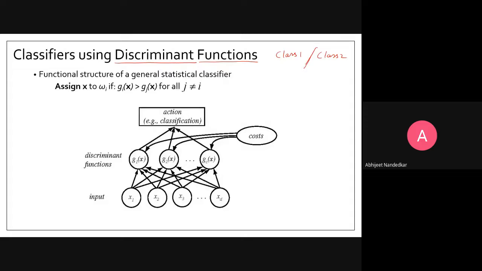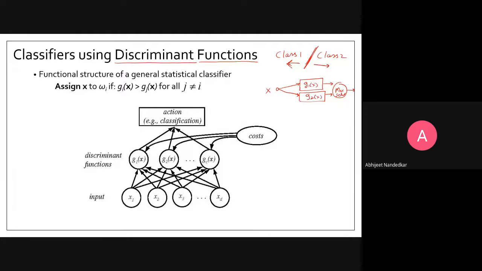So this decision boundary which separates two classes is called a discriminant line or discriminant function. I want a system like this: suppose this is my input x and this is a function. Let us call this g1x, and let us call this second function g2x. They produce their own outputs, and this is given to a max selector.